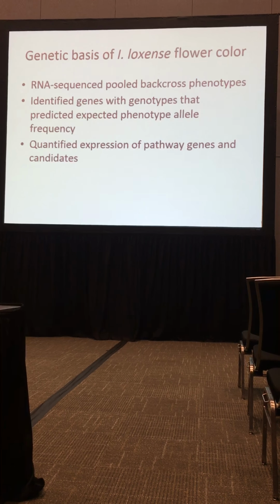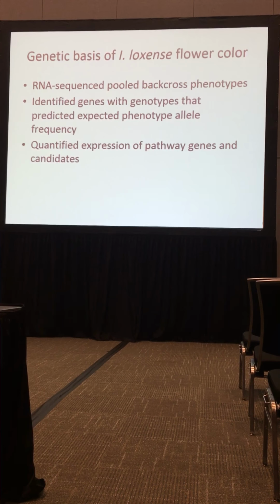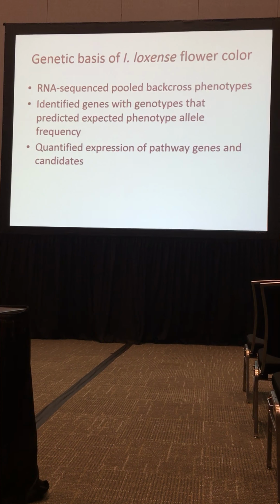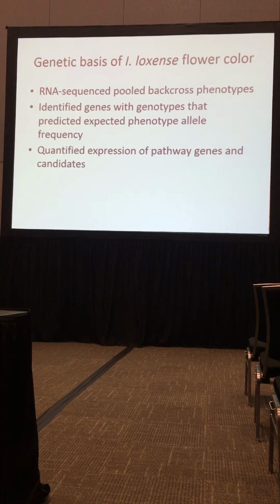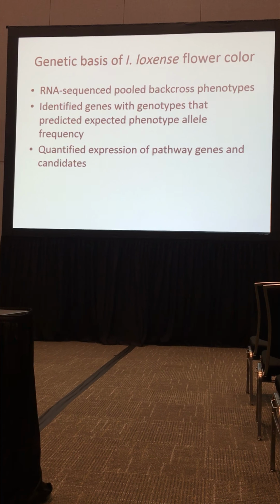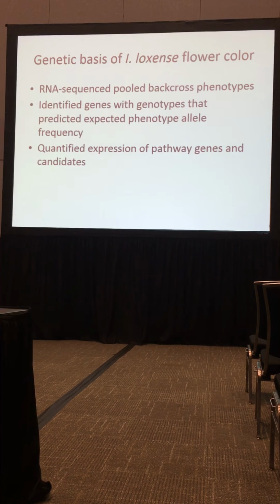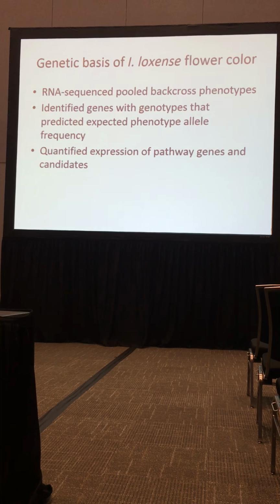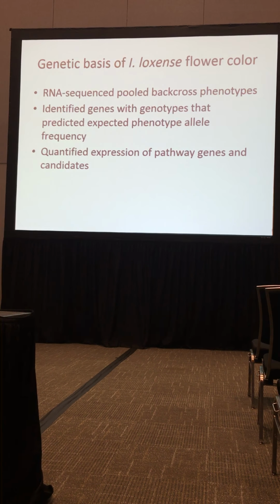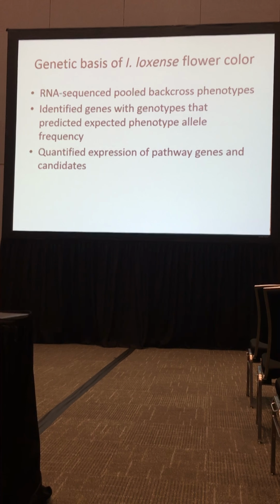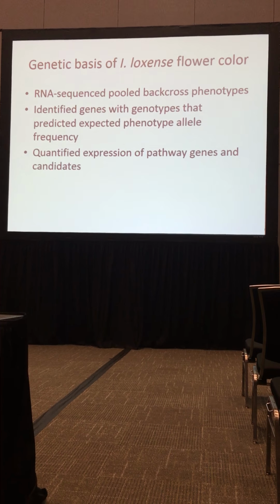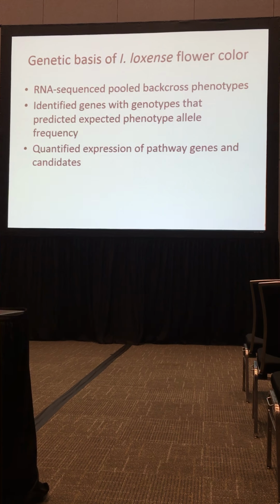We used an RNA sequencing approach where we pooled these different back-cross phenotypes together. We sequenced them, and then, like I mentioned before, identified genes that were predicting phenotypes. And then we get an extra bang for our buck when we do the RNA sequencing approach, because we can also quantify expression of those known pathway genes, because we can find the orthologs, and also our candidate as well.